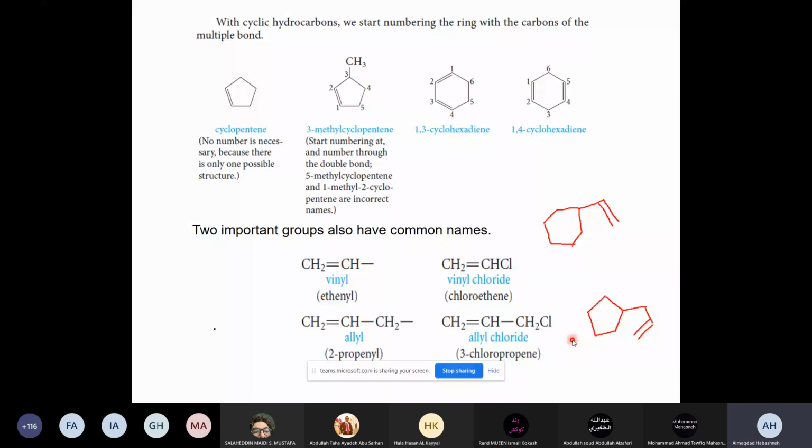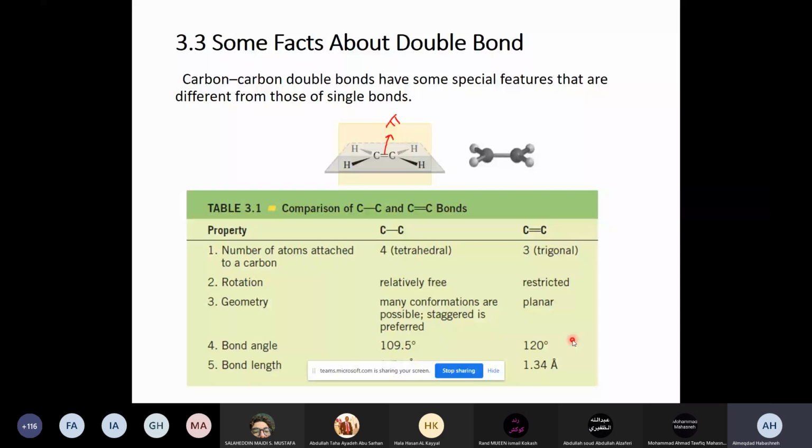Now, guys, let's have some idea about the double bond itself, and this thing that we already presented when we discussed the hybridization of carbon.